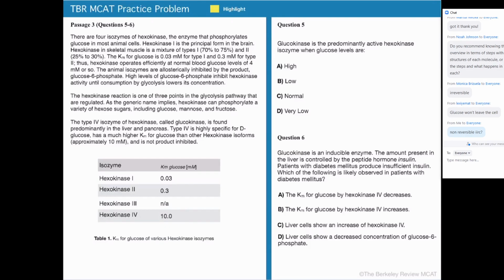Give you guys 4 minutes, 30 seconds to do this. This is going to be a good example of a hard MCAT style question, right?